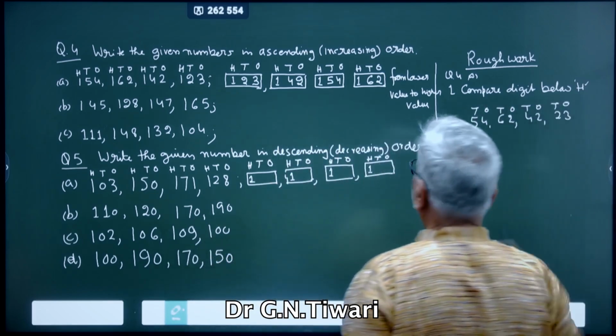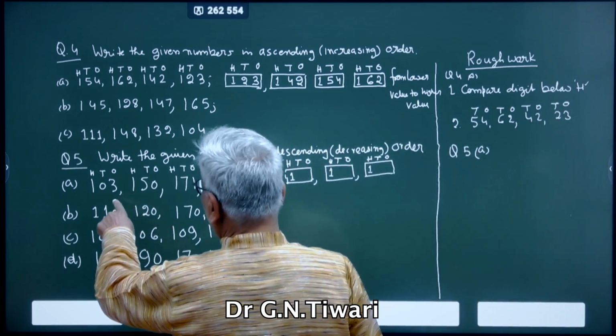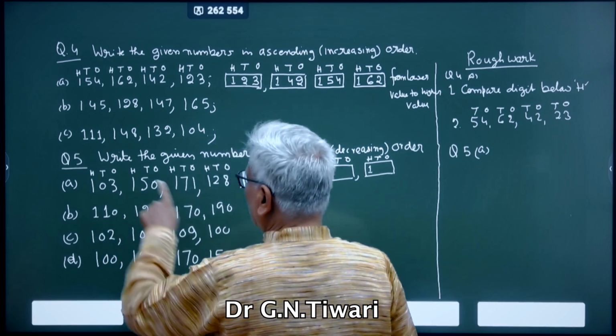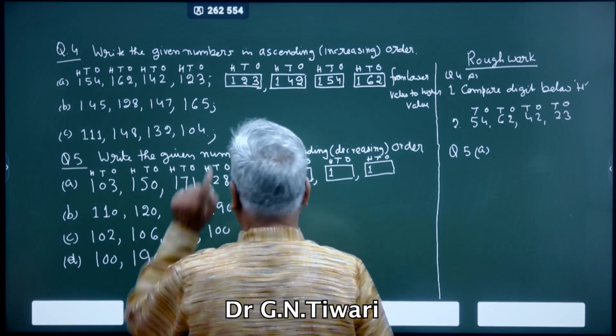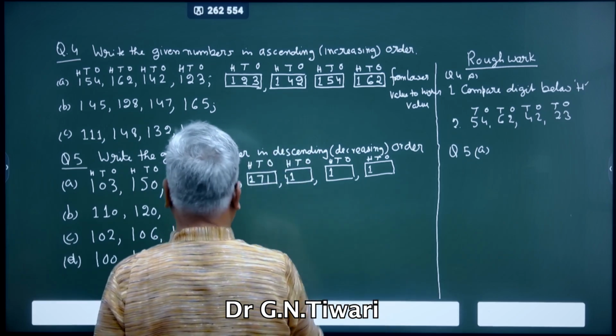Just like this. Now the rest is 3, 50, 71, 28. Out of 3, 50, 71, 28, which one is larger? 71. So you write 71. It is the highest number.